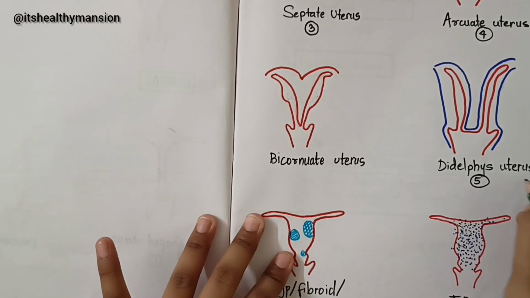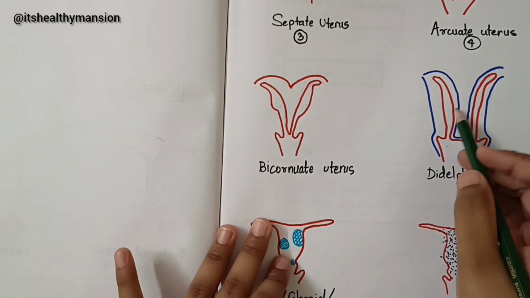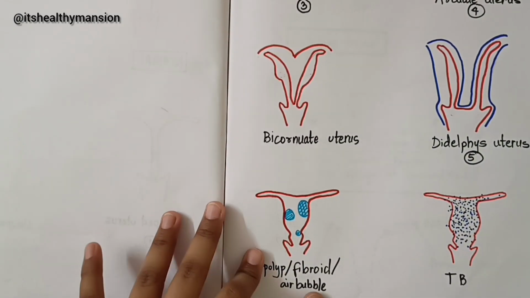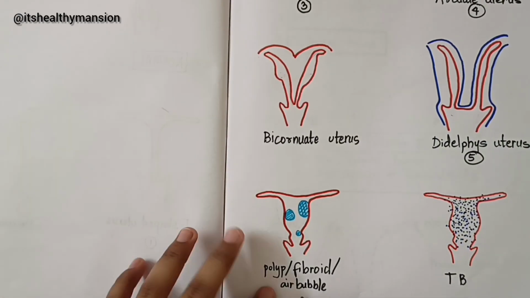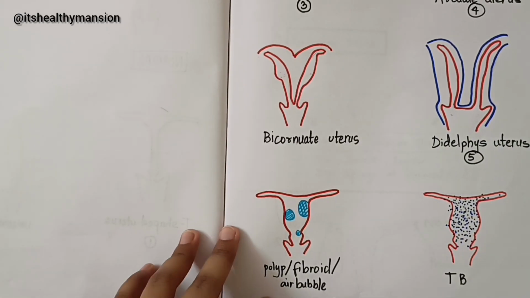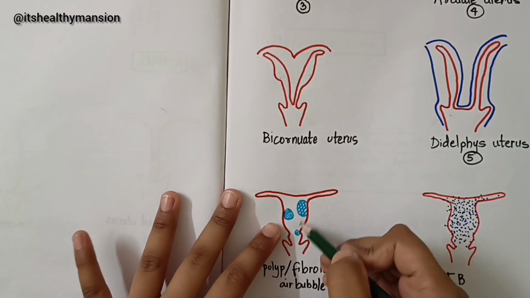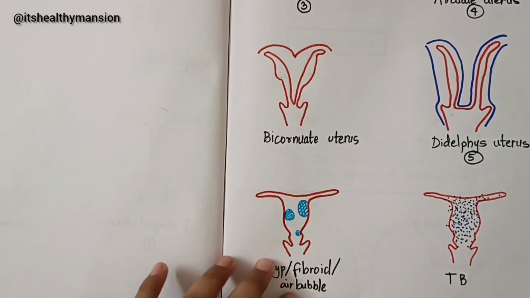Now in a didelphys uterus there are two cervices as well as two uteri. Next are some abnormalities you may see in the uterus like a polyp, fibroid or a filling defect like an air bubble in the HSG film, which is dark, or it may be a white shadow. We'll see it while viewing the HSG film.